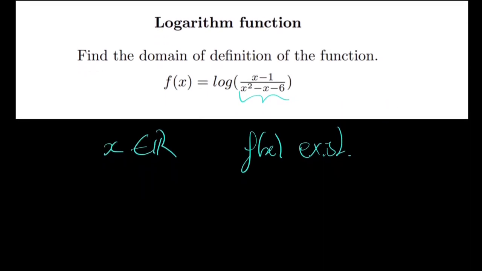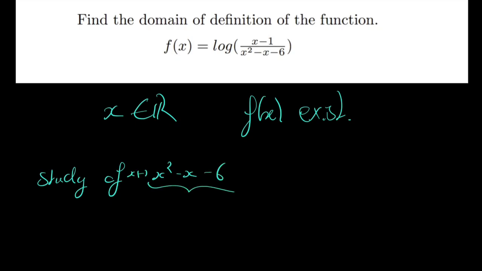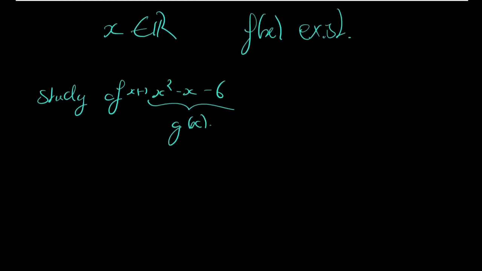Let's do it. First, we will study the denominator, x squared minus x minus 6. This function, let's call it g of x, is a polynomial with a positive coefficient on the highest monomial, which is a monomial of degree 2, which means that its graph will look something like that.